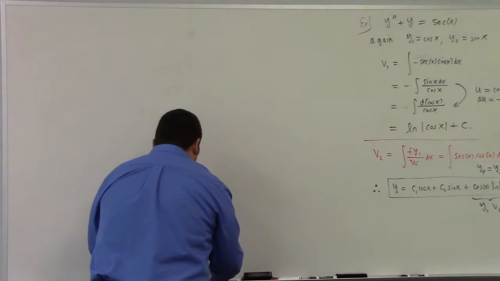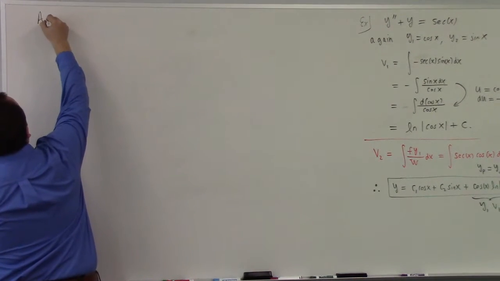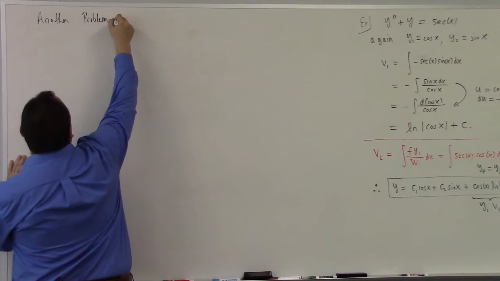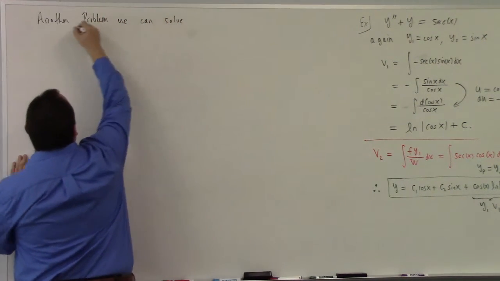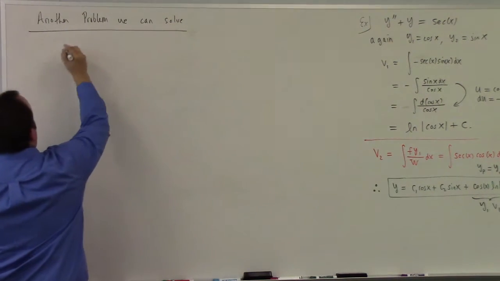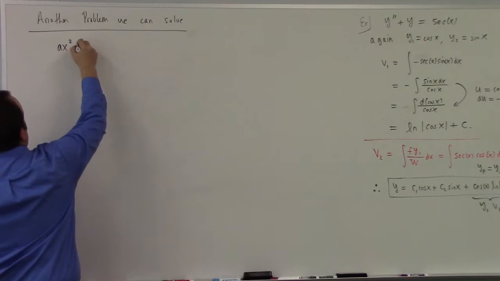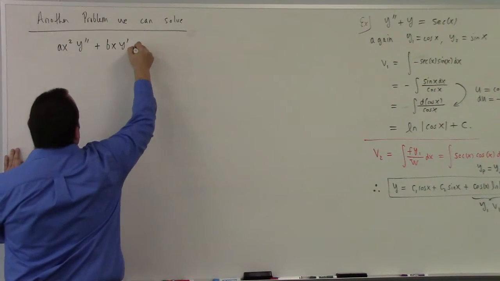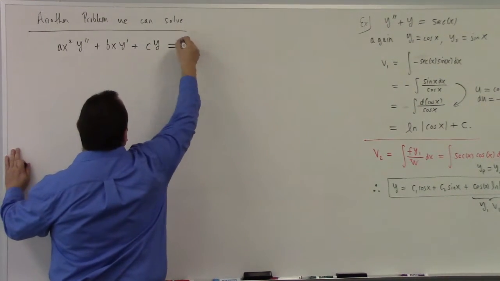So let me state the problem for you. So here's another problem we can solve. I'll start out small, something like a x squared y prime prime plus b x y prime plus c y equals 0.